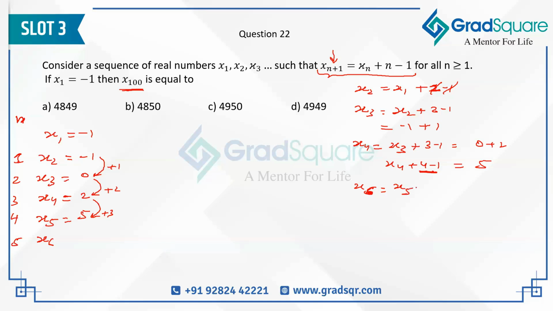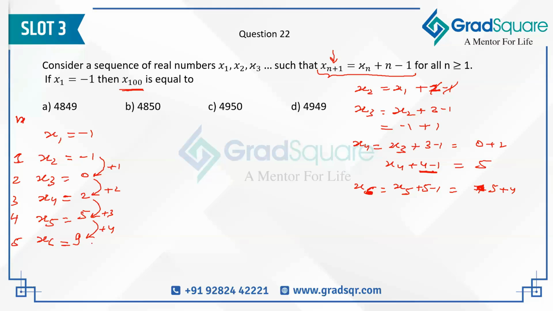So this will turn out to be x5 plus 5 minus 1. x5 was 5, 5 minus 1 is 4. So 5 plus 4 is turning out to be equal to 9. So this increase is turning out to be plus 4. Correct? So now I understand that this is working fine.